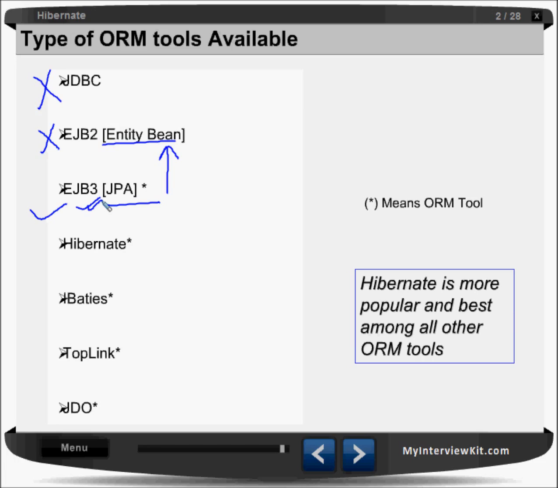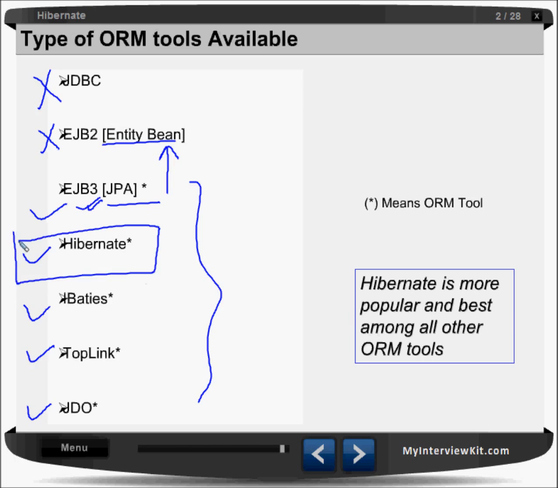So we can say JPA is an ORM tool, Hibernate is an ORM tool, iBatis is an ORM tool, TopLink is an ORM tool, and so on. Okay, so these are the ORM tools, exactly. Object relational mapping. Among all these, Hibernate is more popular than any other ORM.